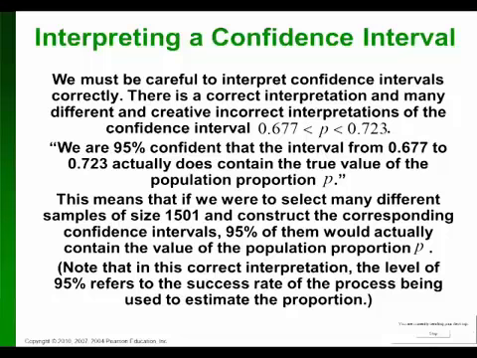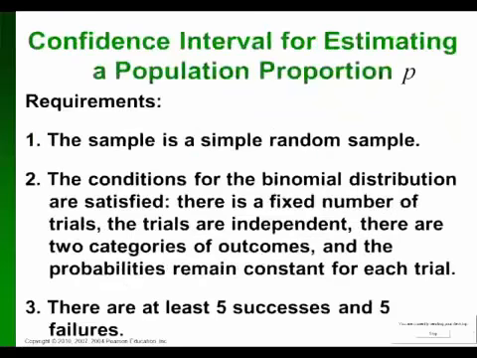I don't know about you, but I need to see an example. I want a problem to figure out what this means. To construct a confidence interval for estimating a population proportion P, three things have to be true. The sample has to be a simple random sample. The conditions of a binomial distribution are satisfied. Remember the conditions for a binomial distribution? Only two possible outcomes, success and failure.